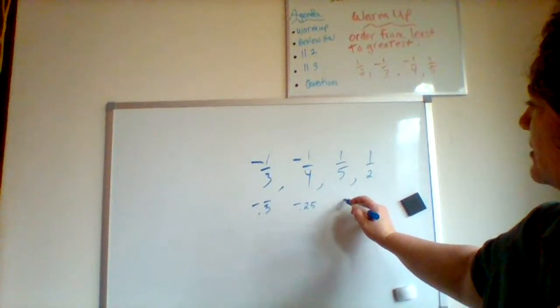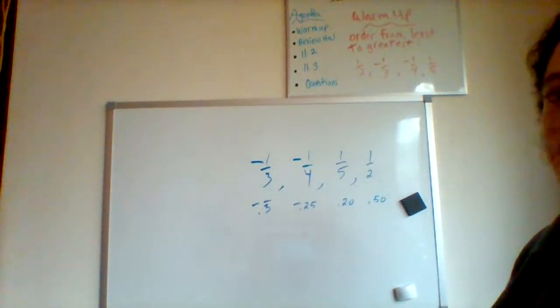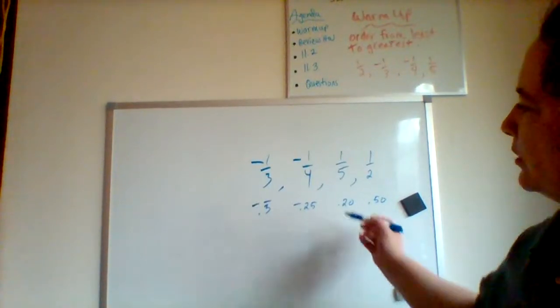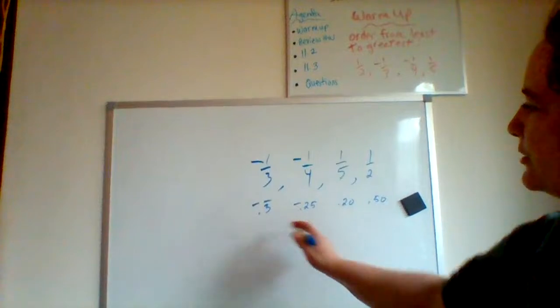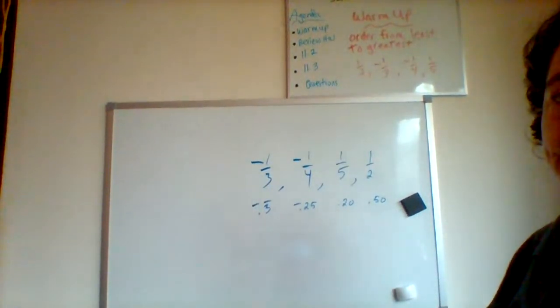This one would be a positive 20 cents. This one would be a positive 50 cents. Right? You know that you're counting that way from 0. So that's why this one has to be here. It's farther away from 0 on the left.